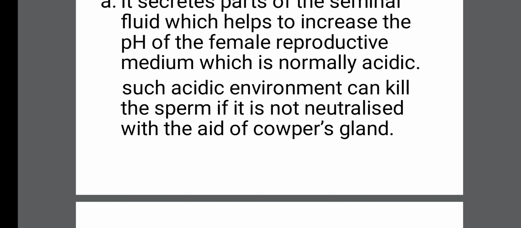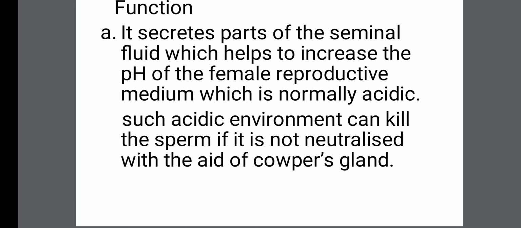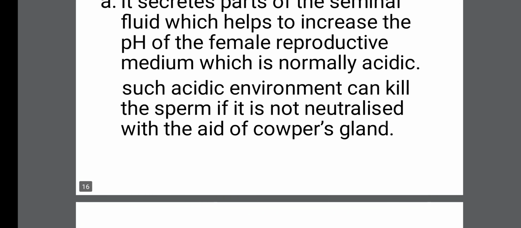If the vagina still remains acidic, that is in cases whenever the male's Cowper's gland isn't functioning anymore, it has effects. The effects include killing of sperms before it gets to the uterus or to the fallopian tube. The sperm dies, and this can prevent conceiving, or it can prevent pregnancy.